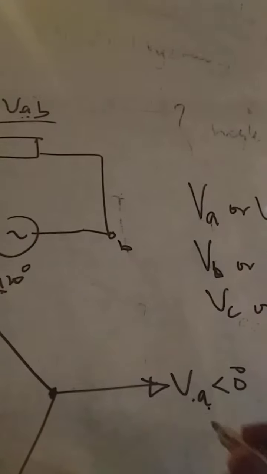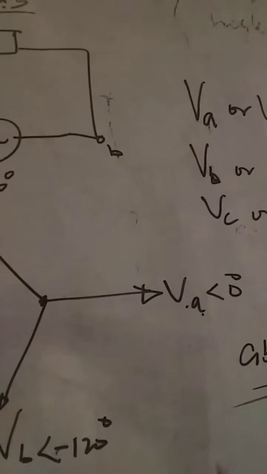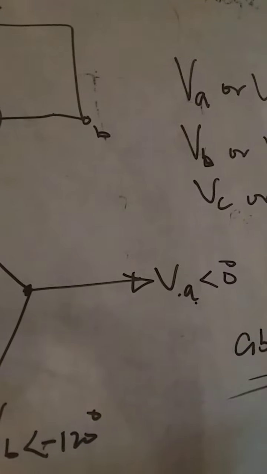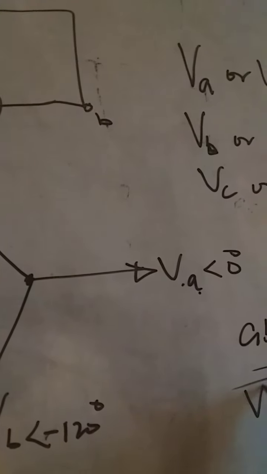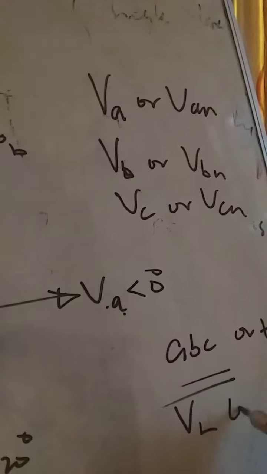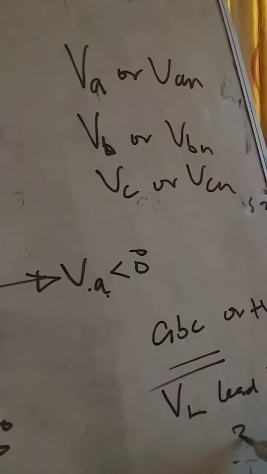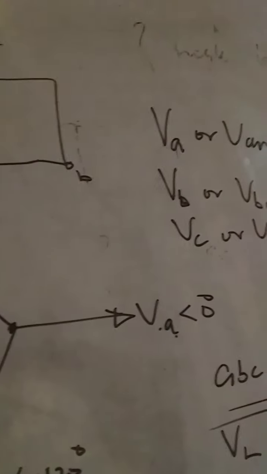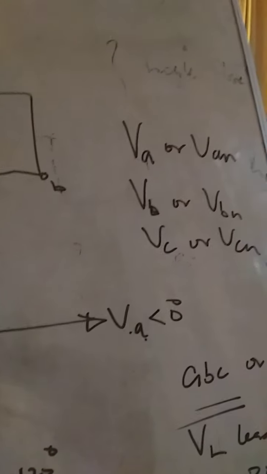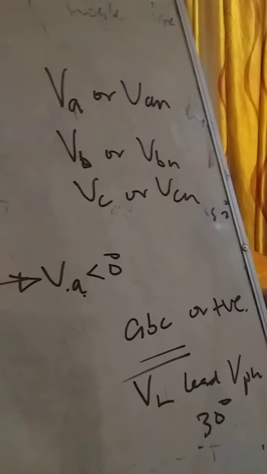So when we look at this as it is, because it is positive phase sequence, the line voltage will lead the phase voltage by 30 degrees. In a positive phase sequence, the line voltage leads the phase voltage by 30 degrees.